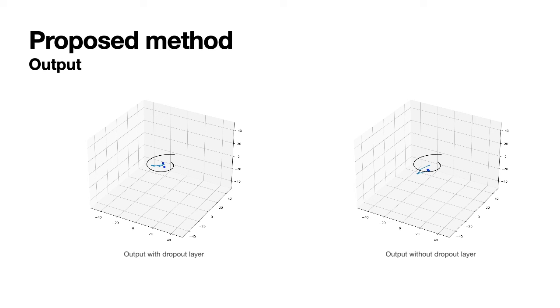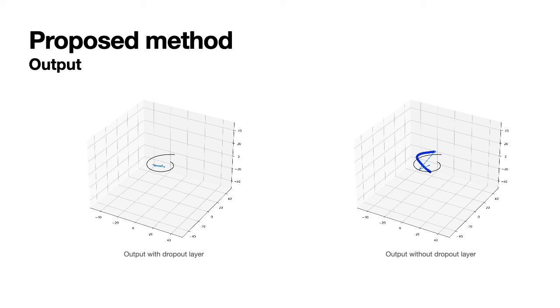Let's see the model output animation. Left side is output with dropout layer, and right side is output without dropout layer.